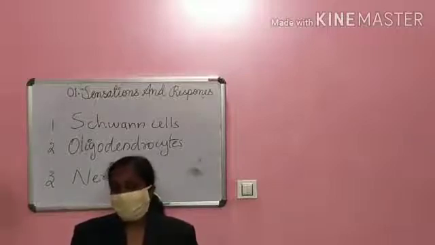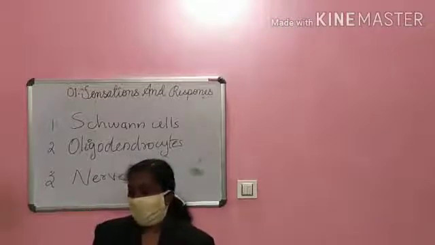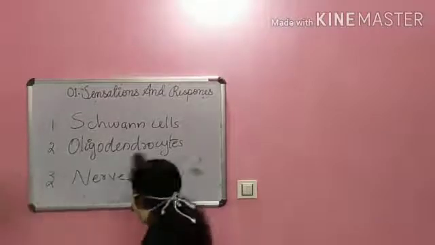In the brain and the spinal cord there is white matter and grey matter.